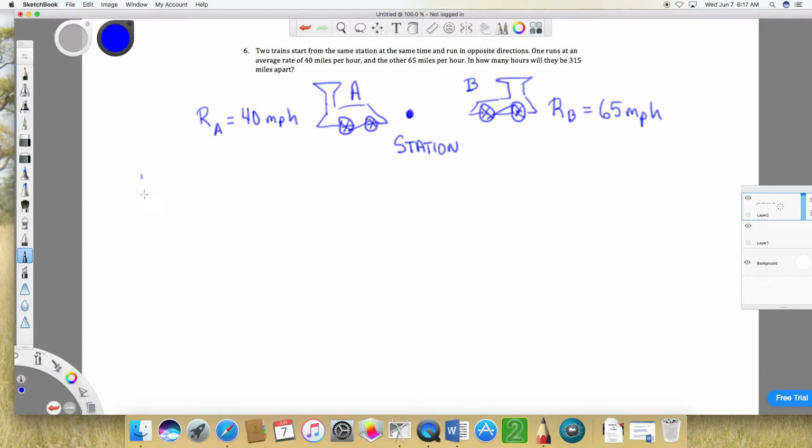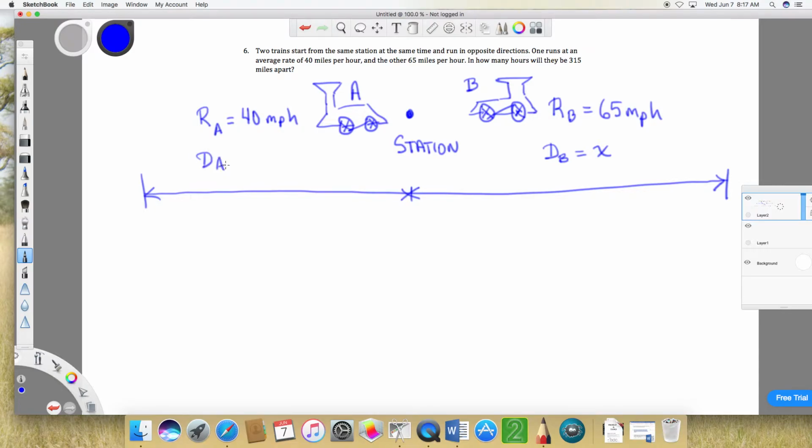And at some point, they are 315 miles apart. Okay, so if the distance of train B is x, then the distance of train A is 315 minus x.